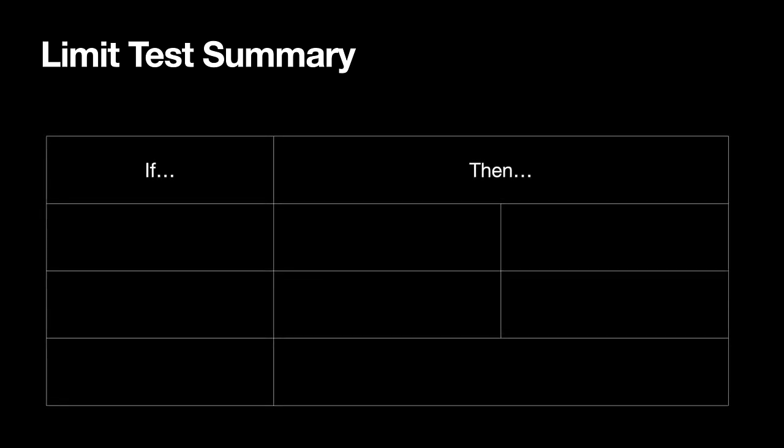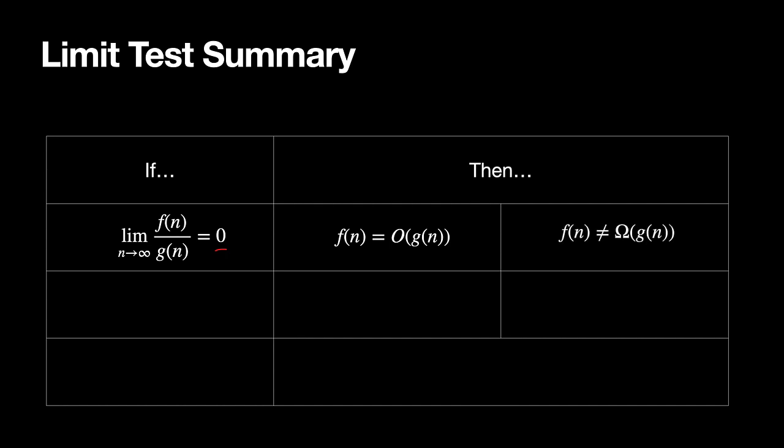Okay, let's summarize these different limit tests. So we're going to look at these three different types of limits we might experience and think about what each one means. So the first one is if the limit of the ratio of functions happens to be 0, then we know two things. We would consider the f function to be in the big O of g, and we'd also consider it to not be in the big omega of g.